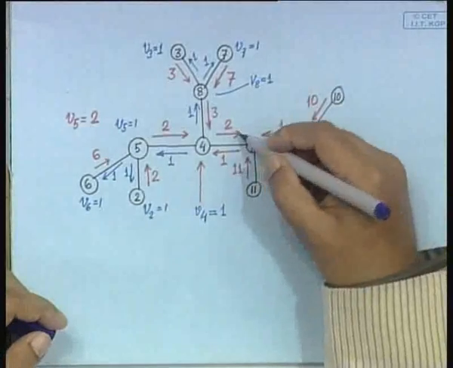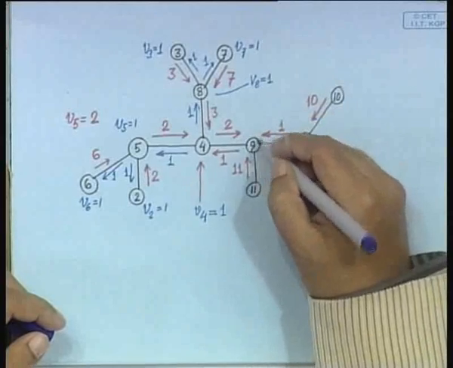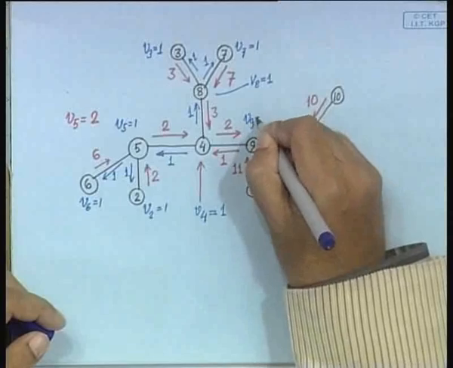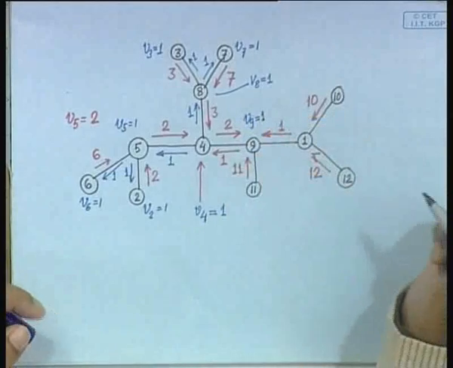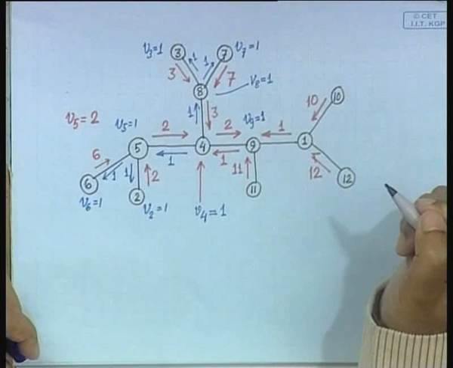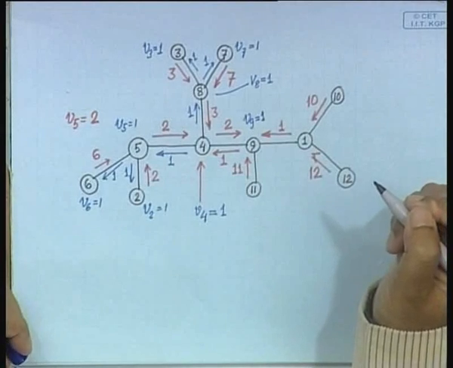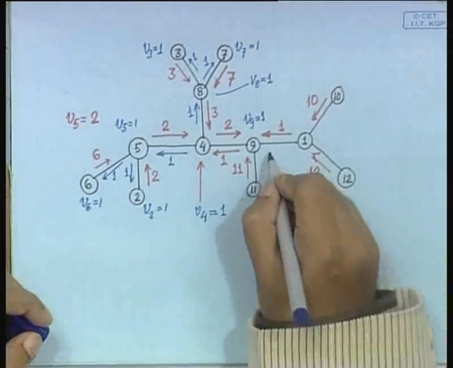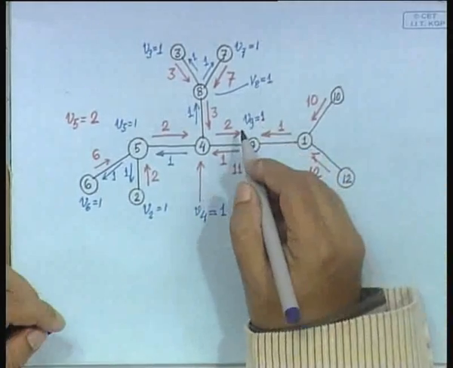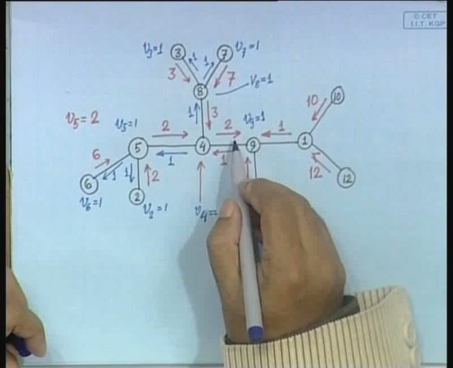When 9 gets this 2, it will compute the minimum of all 3. So, V9 will become 1, right, it will become 1. Now, what it has to do is it has to send 1, this one, to all except the last one which it got, right.